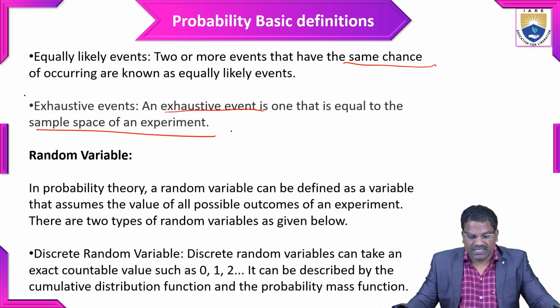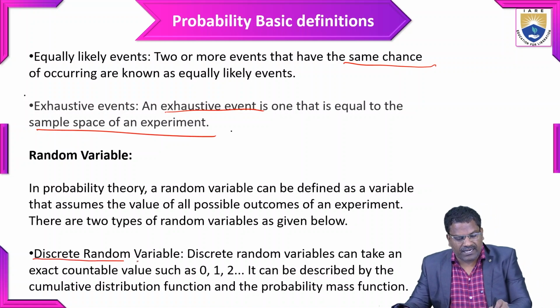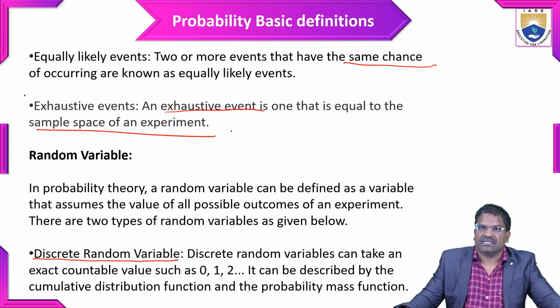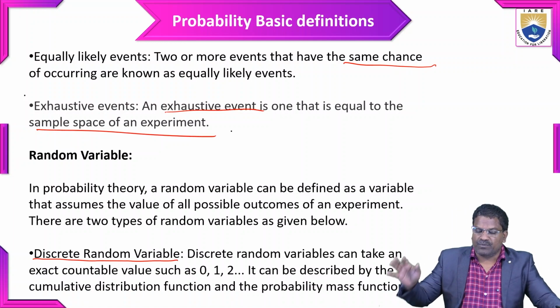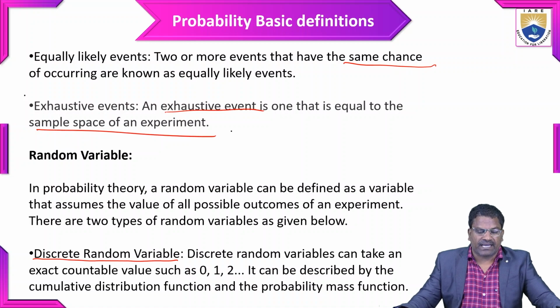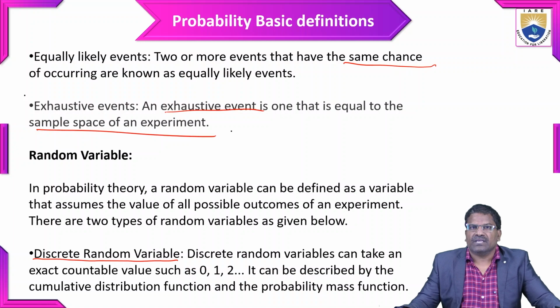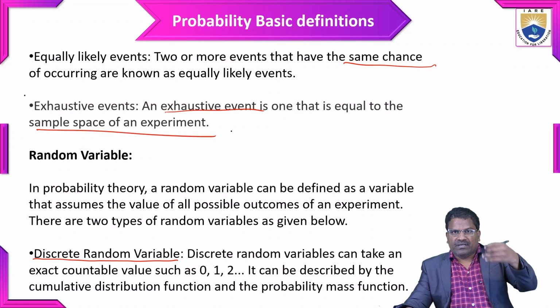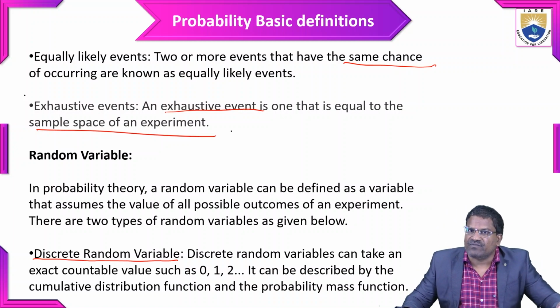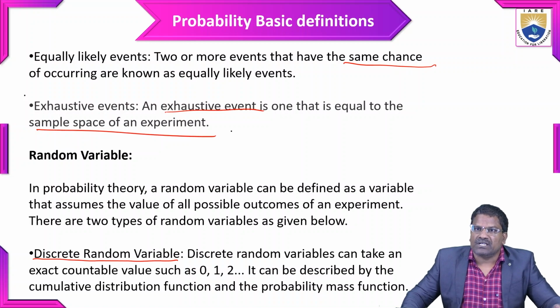First one is the discrete random variable. A discrete random variable can take an exact countable value such as 0, 1, 2, etc. It can be described by the cumulative distribution function and the probability mass function.